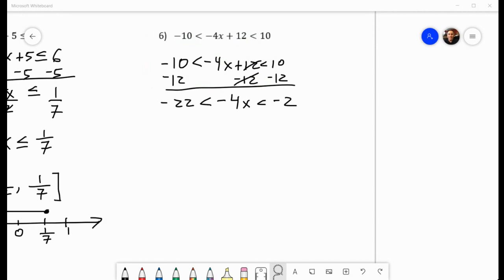Now here we have a negative 4, so we're going to divide by negative 4, because we want x all alone. So here, these inequality symbols are going to change. We have to turn them around, if Microsoft Whiteboard would let me. Oh boy.